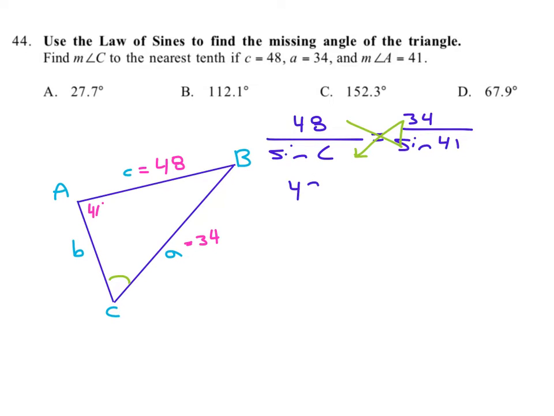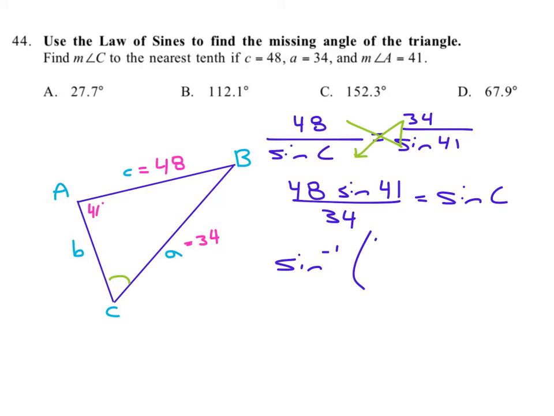Say 48 times sine of 41 over 34 equals the sine of C, and then therefore the inverse sine of the ratio will give us angle C itself.